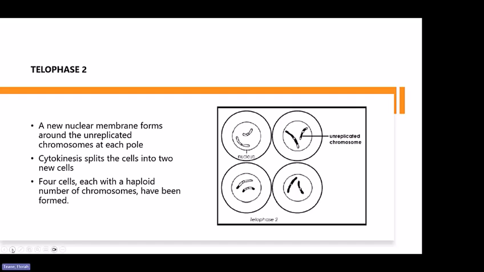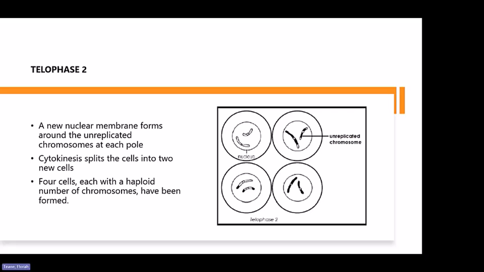Telophase 2, which is the last phase of the second meiotic division, is like telophase 1 in the sense that the division of the nucleus is completed. Now there's the division of the cytoplasm, a process called cytokinesis.